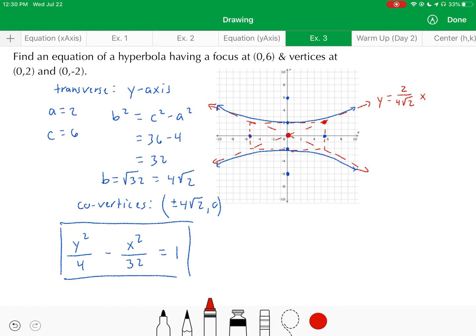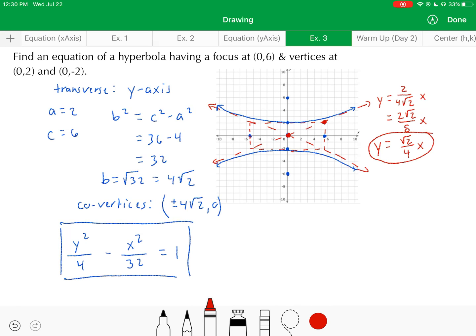So I'm going to rationalize it. If you multiply the top and the bottom by radical 2 to rationalize, that's going to take you to 2 radical 2 over 8, which then becomes, of course, radical 2 over 4. So the final asymptote equation should be this.